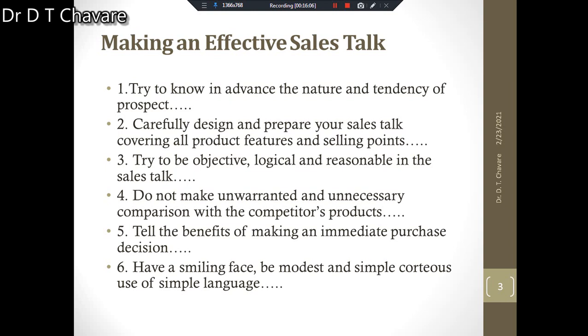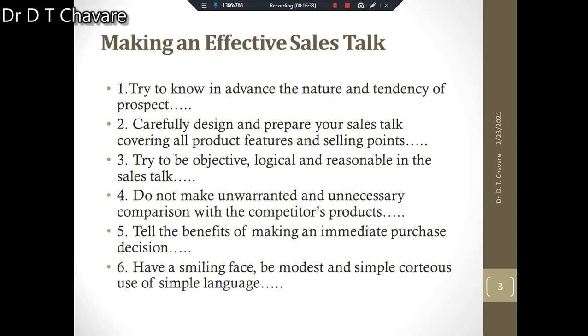Here are some suggestions to make an effective sales talk. First, try to know in advance the nature and tendency of your prospect and the type of customer, whether he is with enough experience. This you can guess in the first few opening lines of the dialogue.